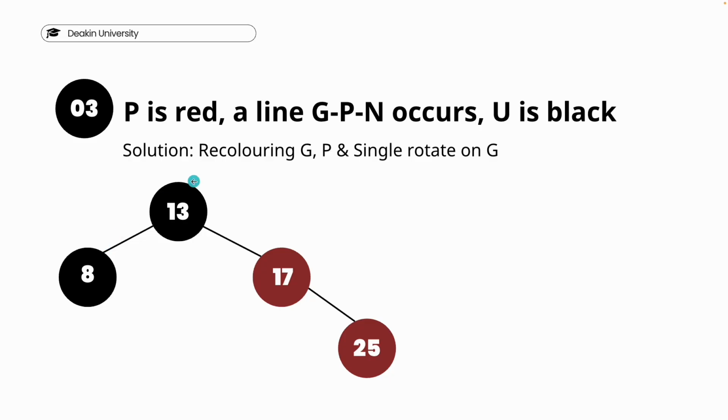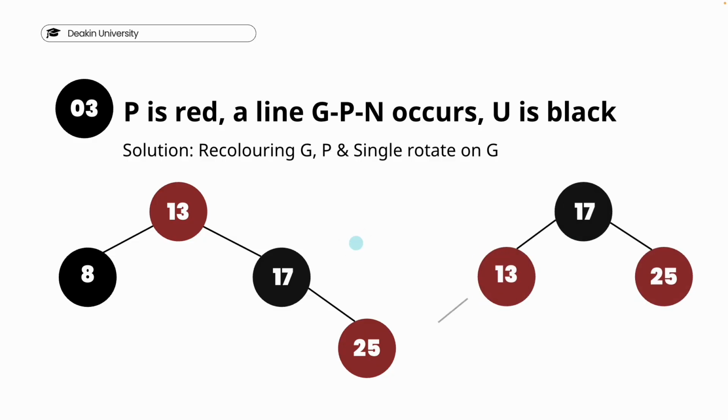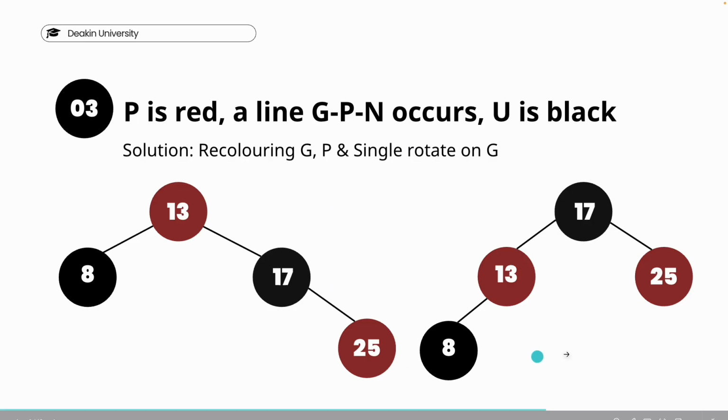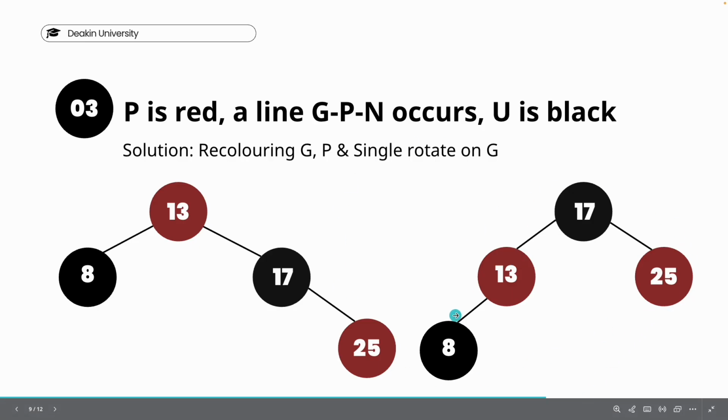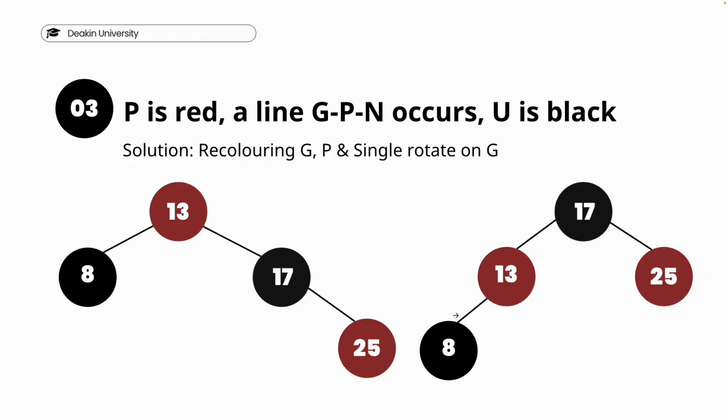So here we have to recolor the grandparent and the parent. The 13 and 17 nodes should be recolored like that. And then we have to do a single rotation on the grandparent 13. After we do a single rotation on the grandparent, we get a new graph. Then we check the properties again, and we notice that it satisfies all of the properties of the red black tree.